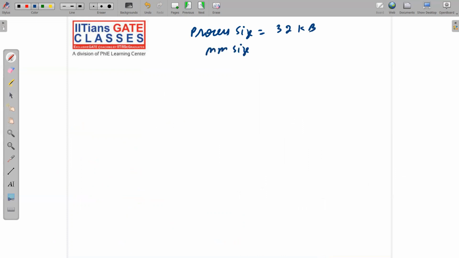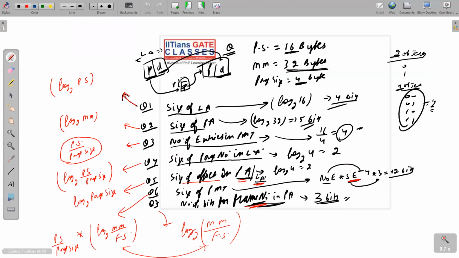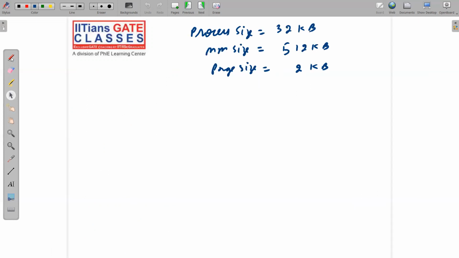Main memory size is 512 KB. Page size is 2 KB. And we will try to find all these things: size of logical address, size of physical address, and so on. So one by one we will solve.